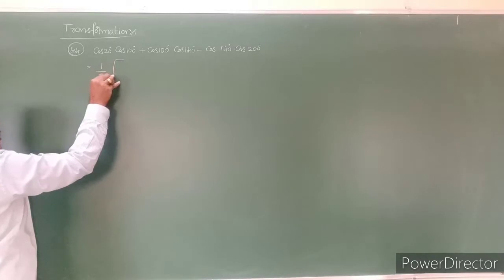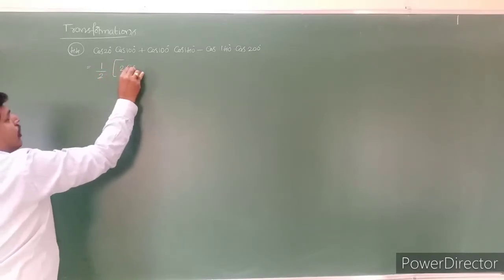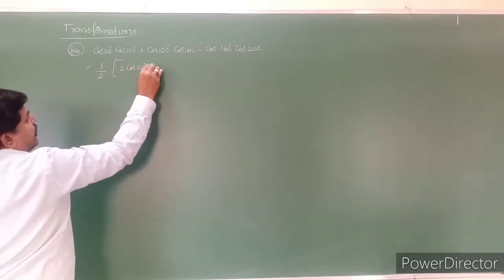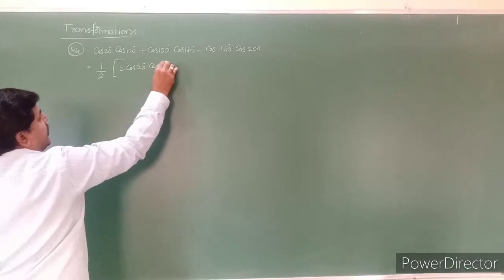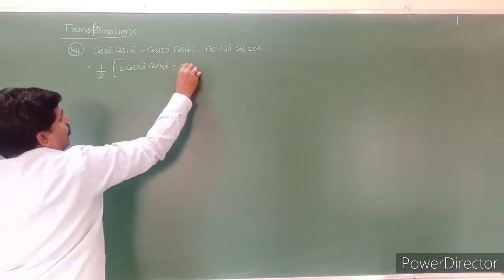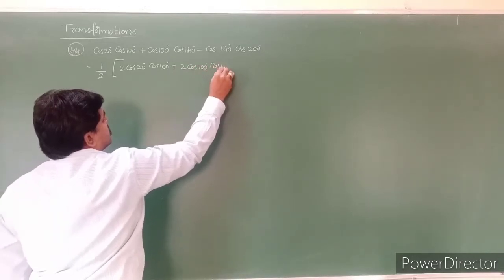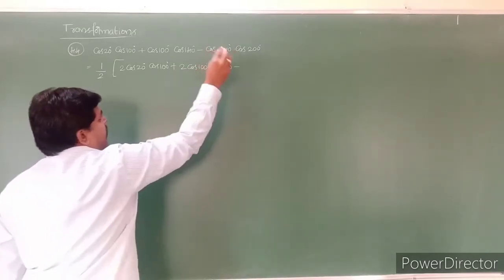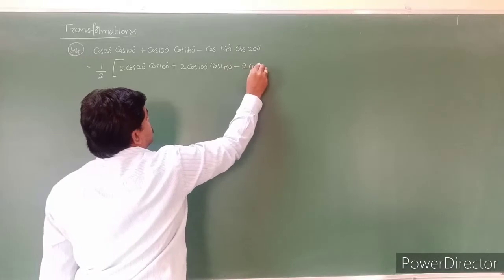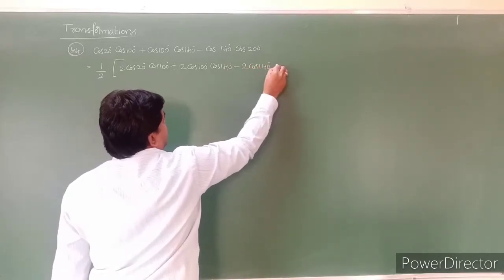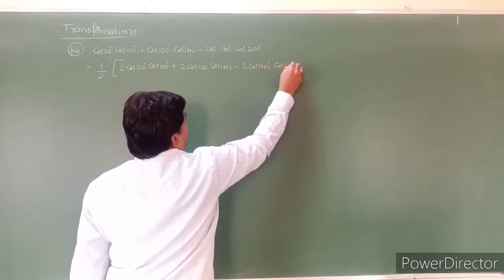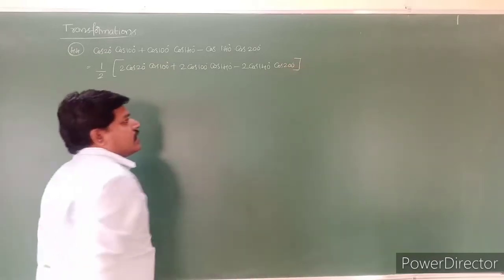It will become 1 by 2 into 2 cos 20 degrees into cos 100 degrees plus 2 cos 100 degrees into cos 140 degrees minus 2 cos 140 degrees into cos 200 degrees.